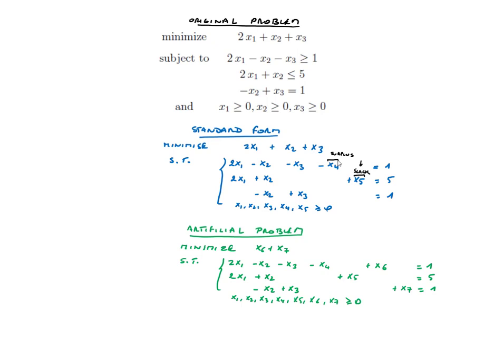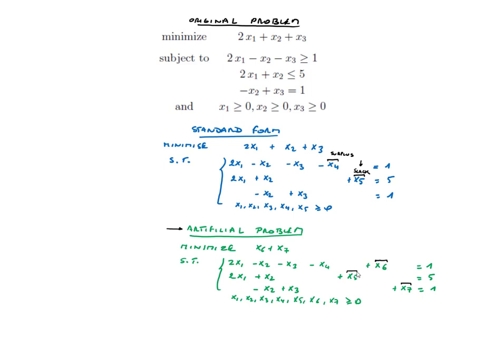So what we'll do is introduce an auxiliary problem. We have seen that x5 can already serve as a basic variable. So we have already one basic variable, but since we have 3 constraints, we need 3 basic variables. So we'll need to add 2 so-called artificial variables, x6 that we'll add in the first equation and x7 that we'll add in the second equation.